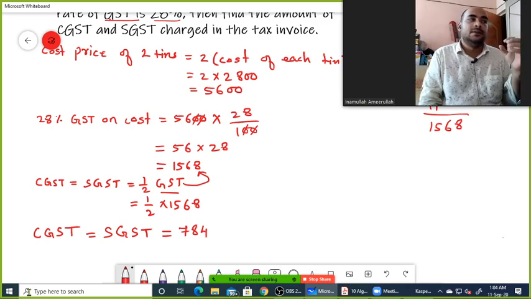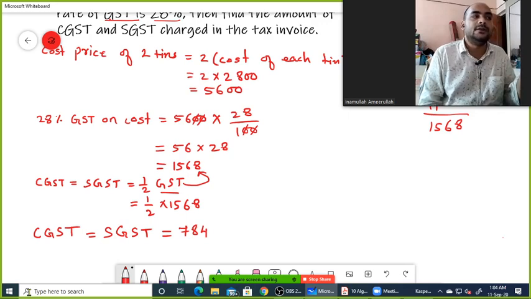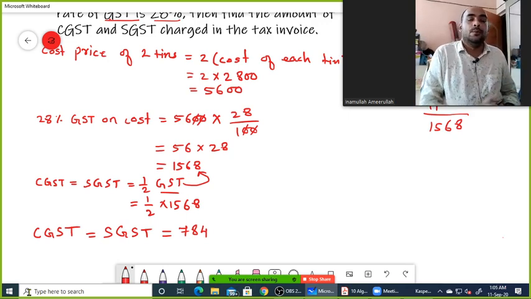Means central government will get 784 on this transaction, as well as state government will get 784 rupees on this transaction, and total tax paid by the consumer is 1568 rupees. Hope it is clear to everybody.